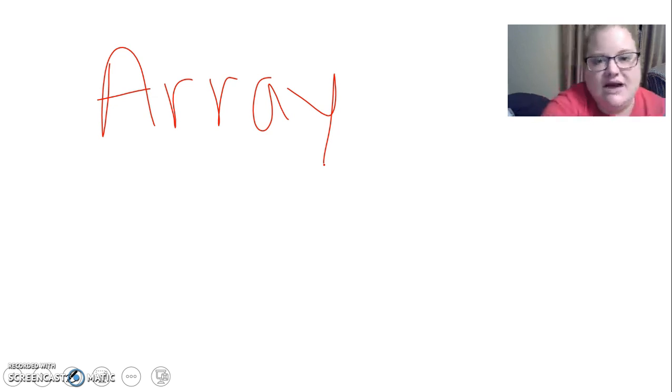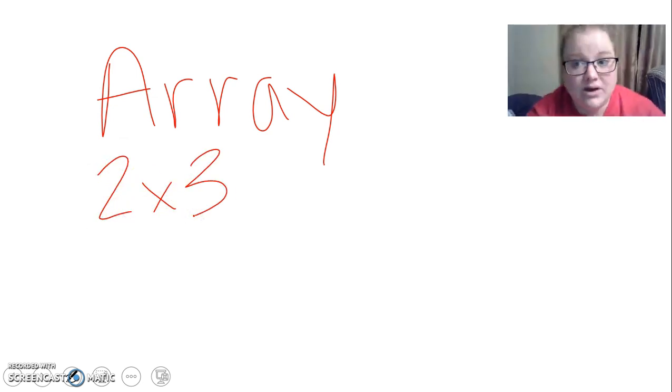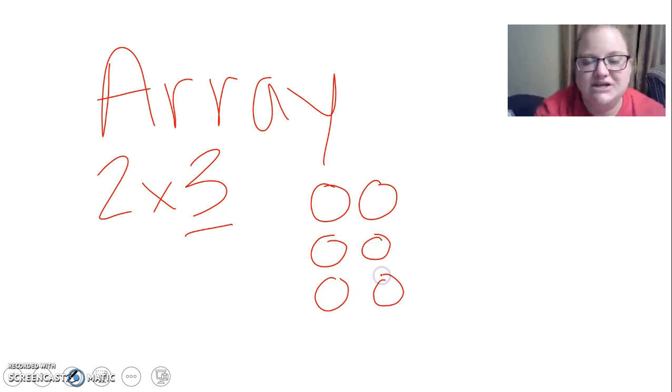For instance, in our last problem, 2 times 3, let's say we use circles this time. So if I have 2 circles and each of those circles has 3 objects in them, each group of 2 has 3 objects in them.